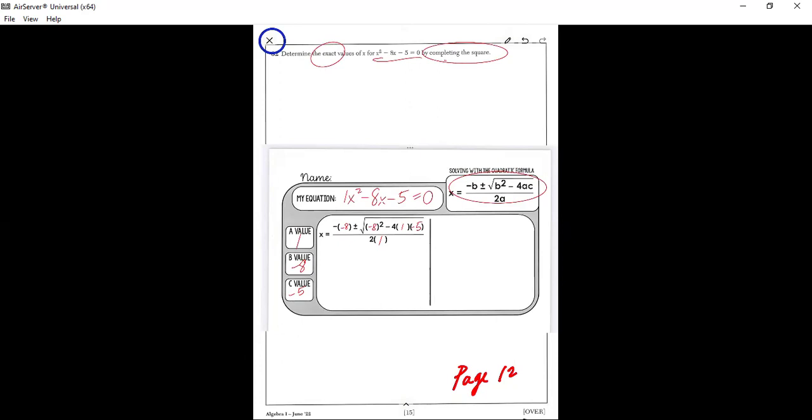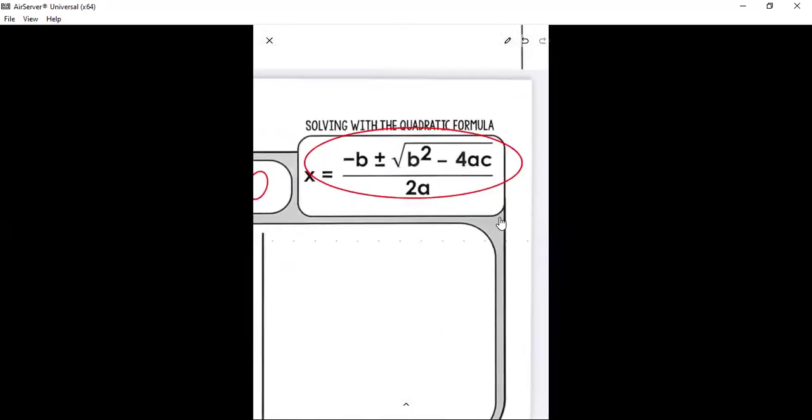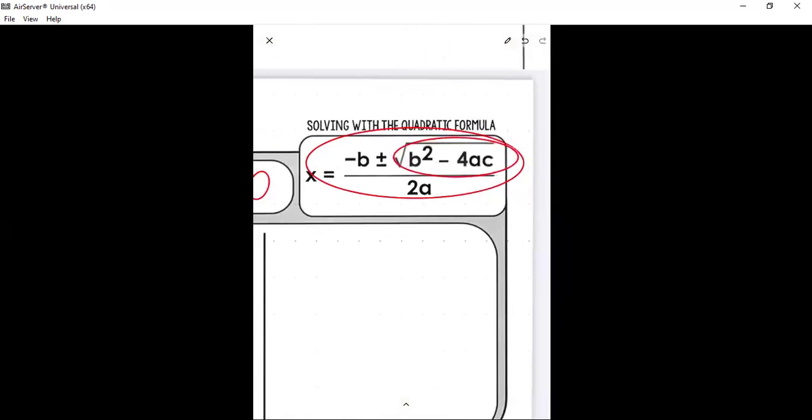The reason this problem is irrational is that the b squared minus 4ac part is not a perfect square. When you take the square root of something that is not a perfect square, it gives you an irrational number. So instead of calculating this part out, we're just going to leave it.